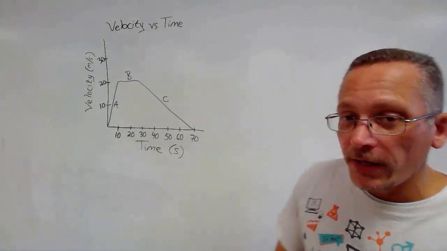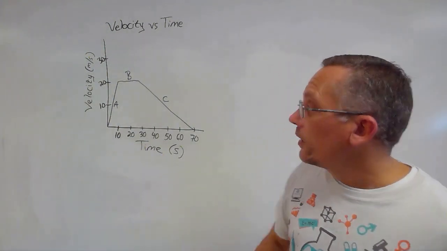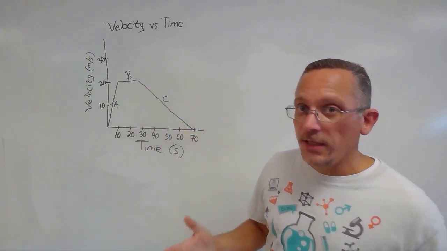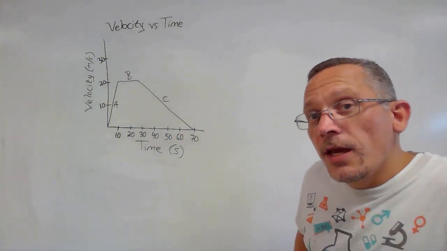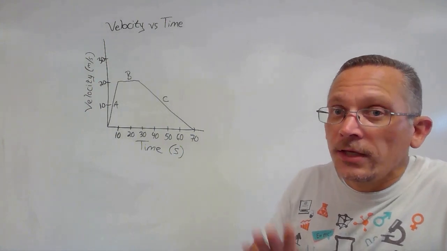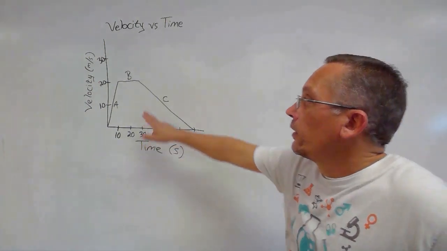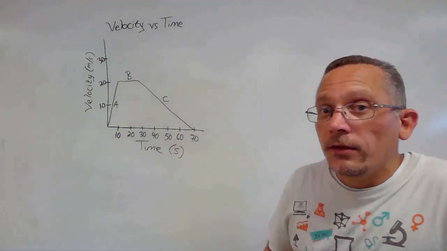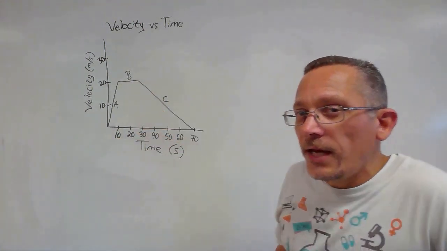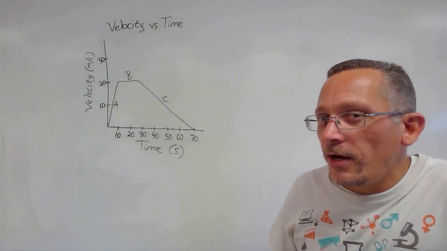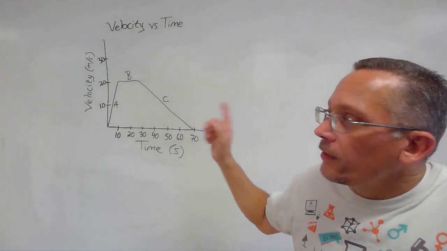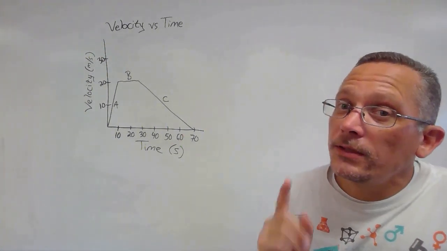If you take a look at my graph, I have three sections on here. I've labeled the first part A, the second part B, and the third part C. And they mean something a little bit different than they did on the position versus time graphs. Let's start with maybe the most obvious one here, section B. If this was a position versus time graph, what would that flat line mean? That would mean that my object wasn't moving. But here on the velocity versus time graph, it means something different.